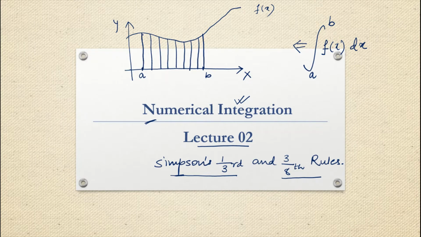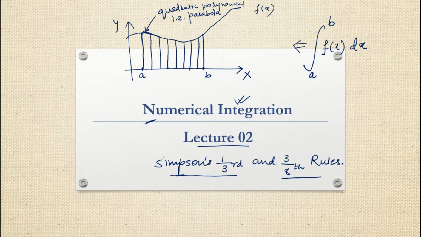One side of the trapezoid will be exactly the same curve which the function has. How is that possible? For that we take help of a quadratic polynomial. One example of a quadratic polynomial is the parabola.